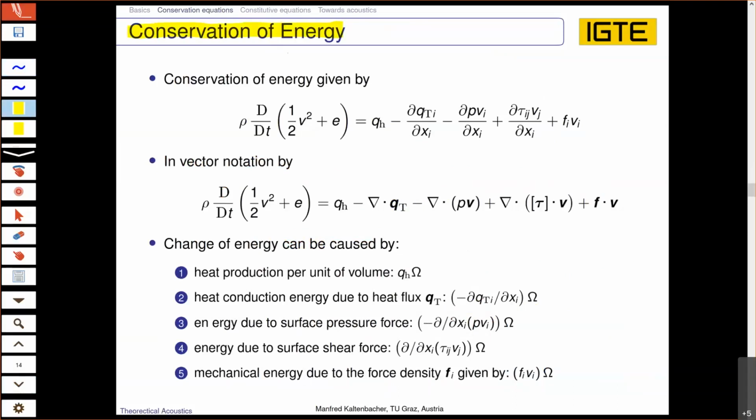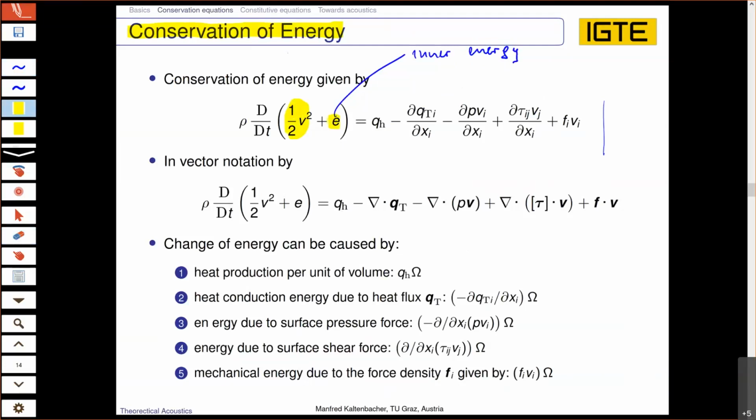Here is a general form of the energy equation where we have E, this is the inner energy of your system. What we actually have here is the inner energy and the kinetic energy in your fluid, and for this the total change.